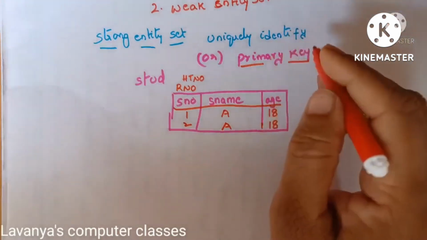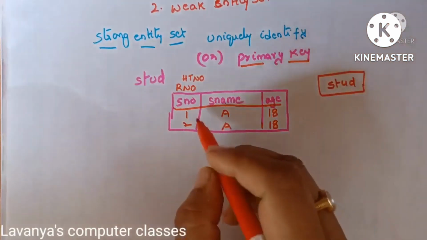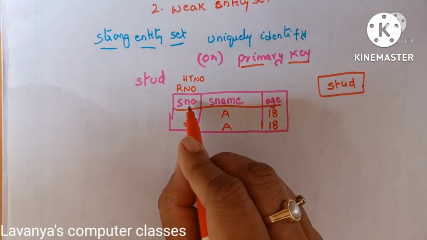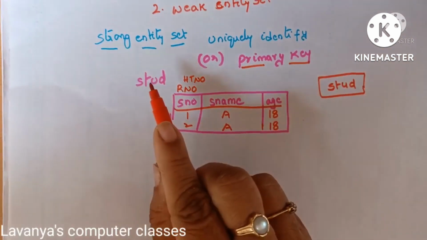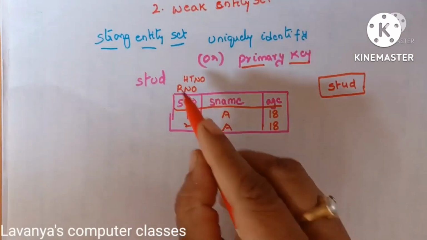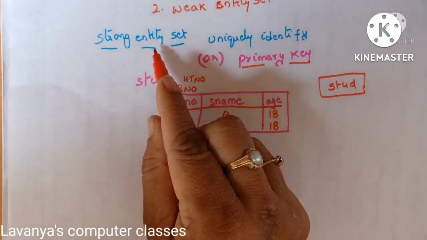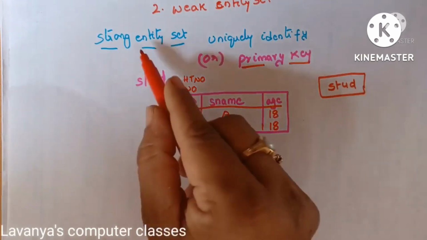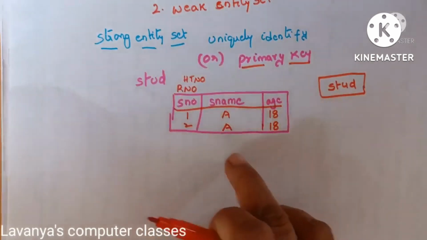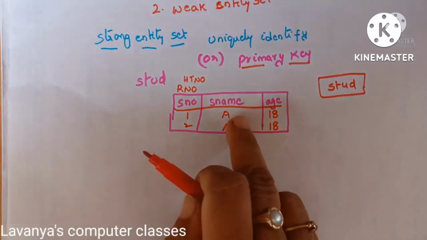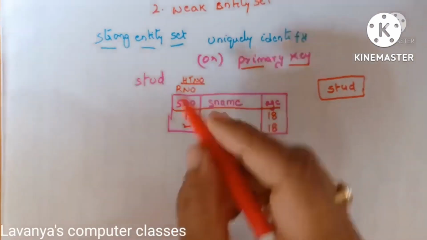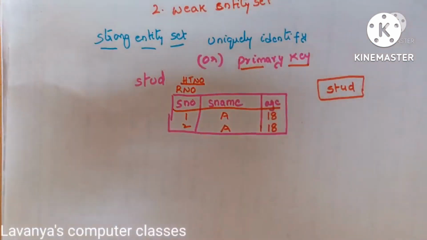I will explain the primary key concept in the next videos. So the entity set in which some attribute is a primary key, through which it is possible to identify records, is known as a strong entity set. So any entity set that has a primary key is called a strong entity set. This is an example of a strong entity set, because here the serial number or hall ticket number, whatever it is, is a primary key attribute.